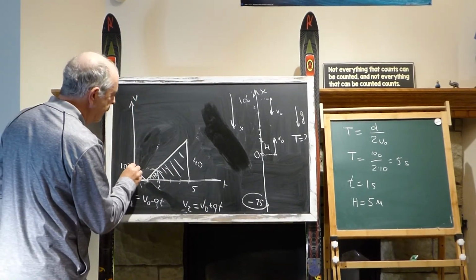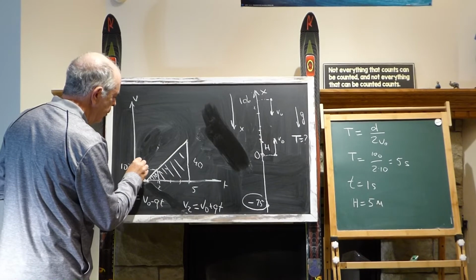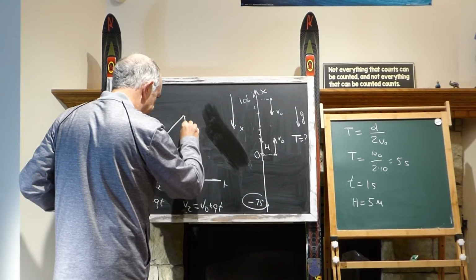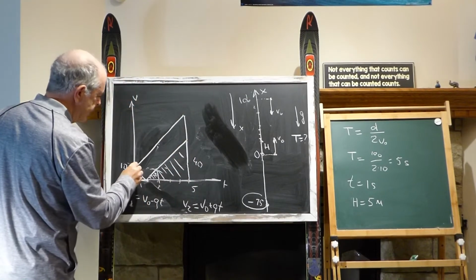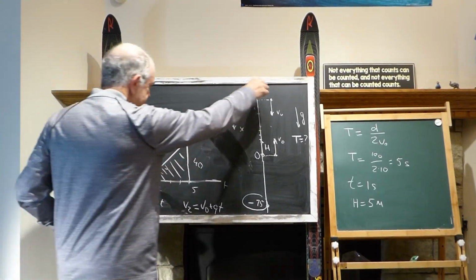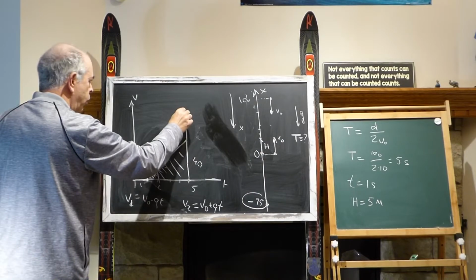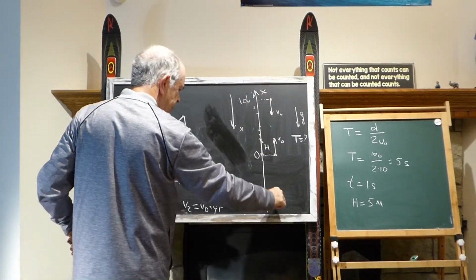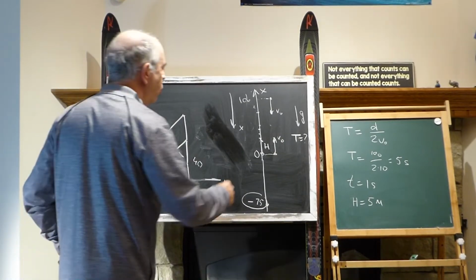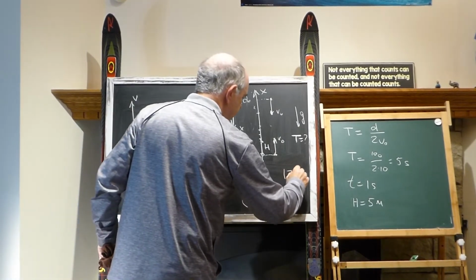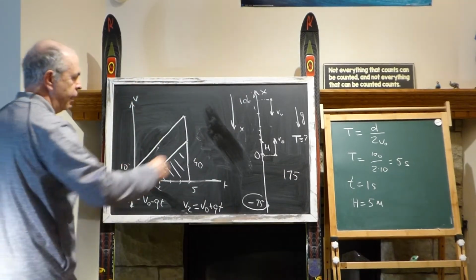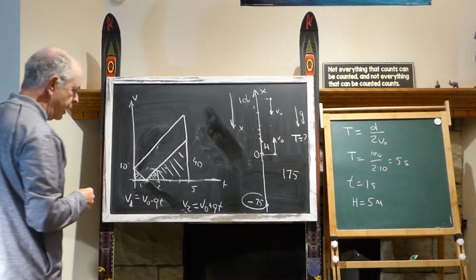So it would be 10, and it would be gaining like this. And this whole area, because it doesn't change any direction, would be this thing that it covers. And it covers, we know, 175. So we have to receive 175 for this area, for this body, right?